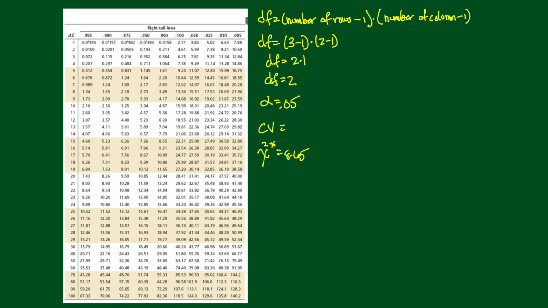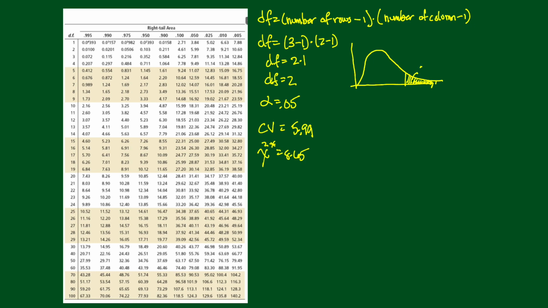All right, so our critical value here, I'll write it down here, 5.99. And if I draw my picture, right, it's chi-square. So chi-square looks like this. Goes up quickly, slides down to the right. It's always a right tail test.